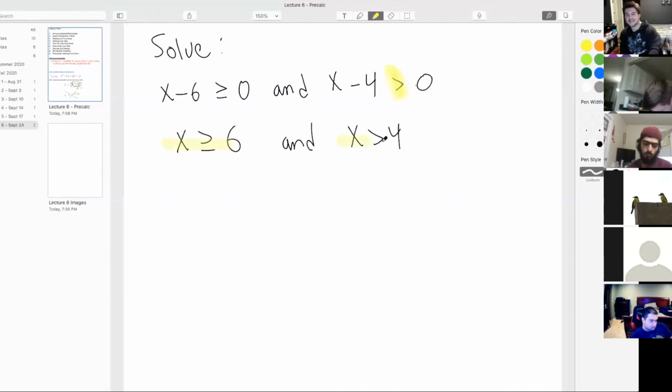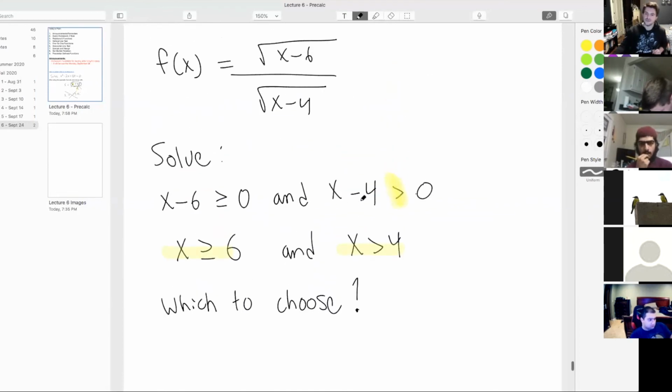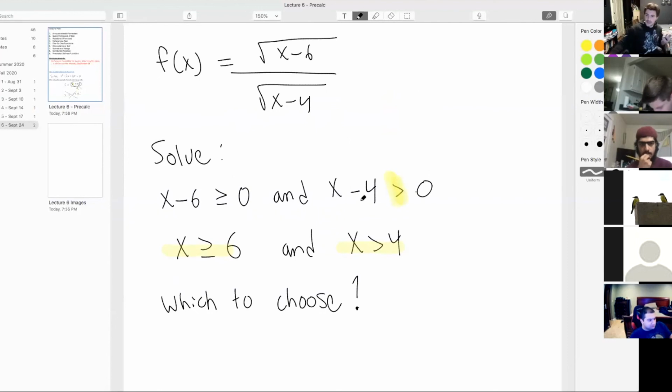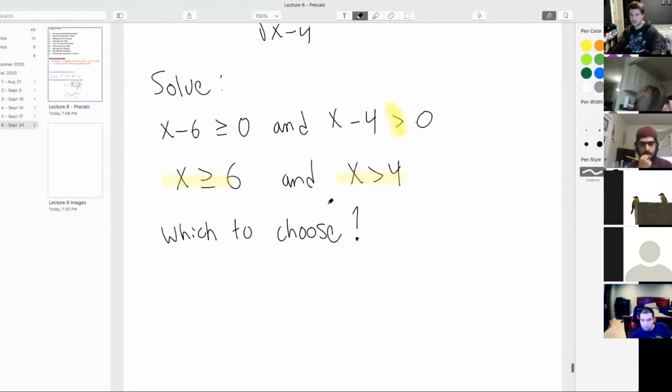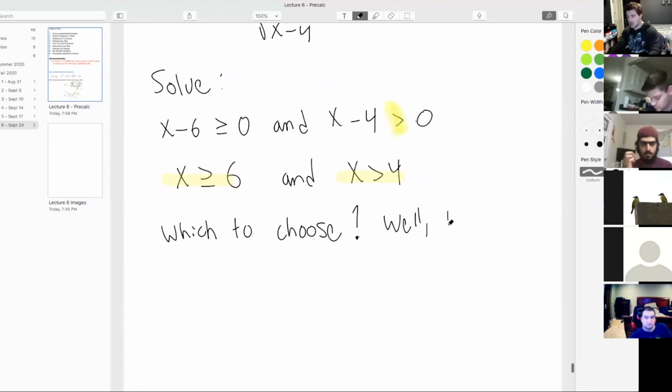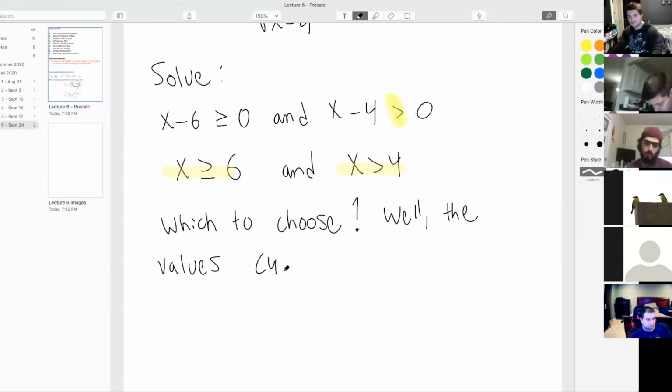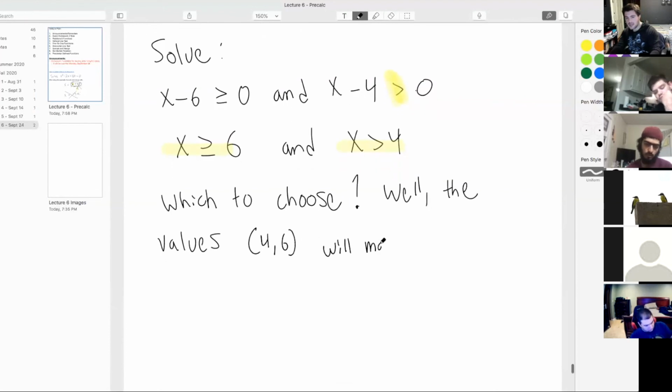Which one is our domain? Which to choose? Now you need to be careful. You need to think for a second. Well, the values in the interval 4, 6 will make the square root of x minus 6 negative.